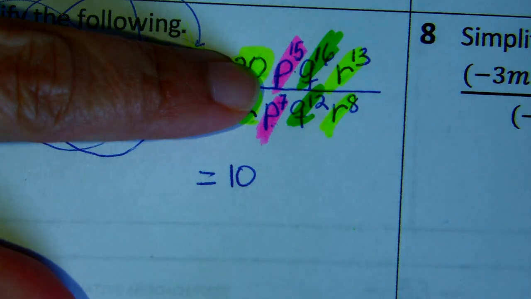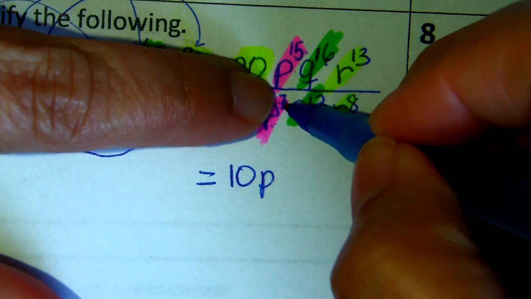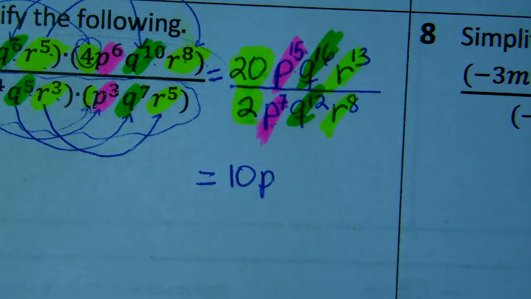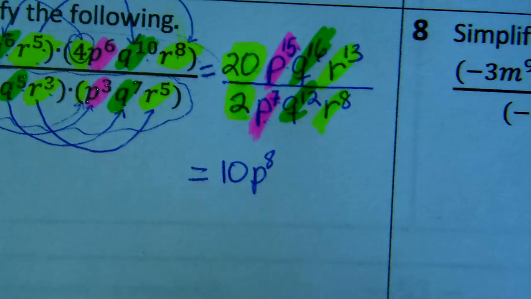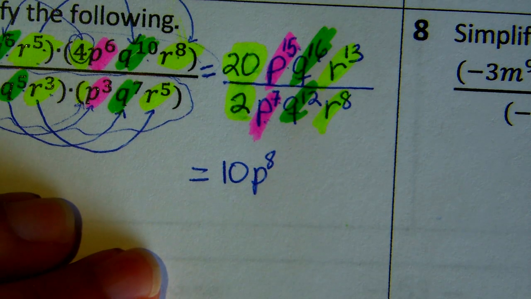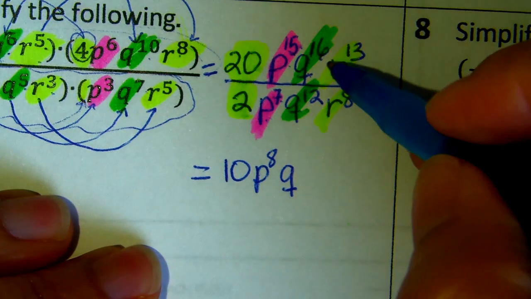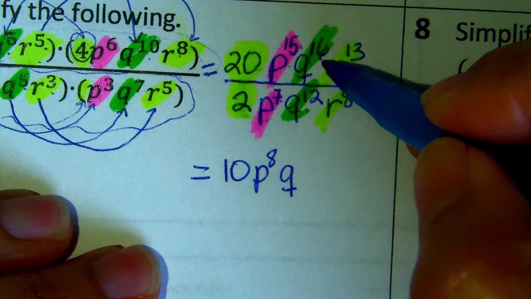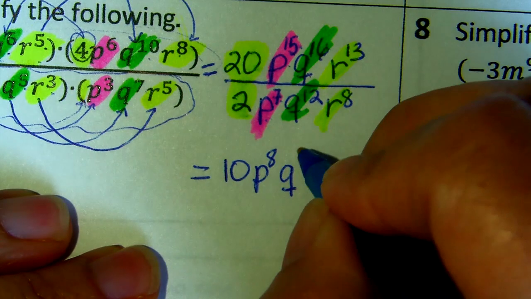We subtract them. So we have the P, 15 minus 7 is going to give us what? 8, I think. I hope I'm not wrong. And then the Q. What do you do with the exponents? You subtract them. So 16 minus 12 gives you 4.